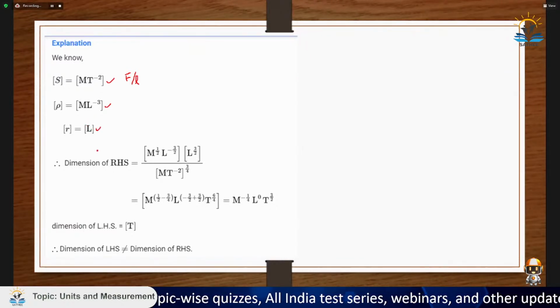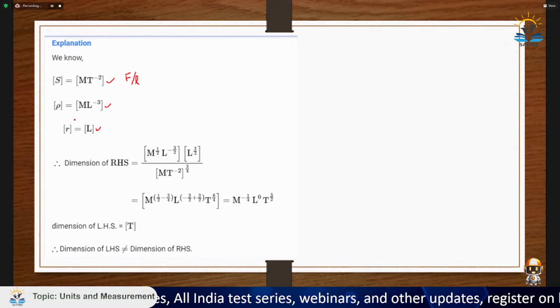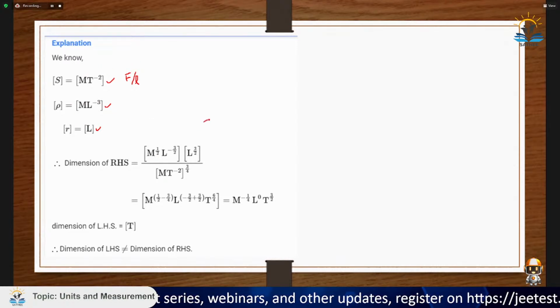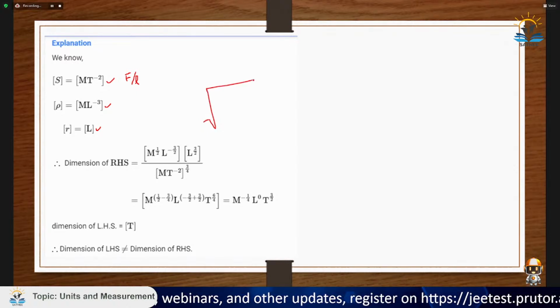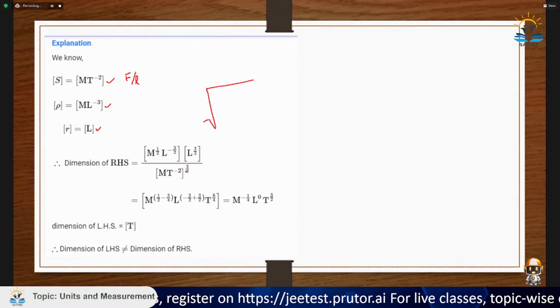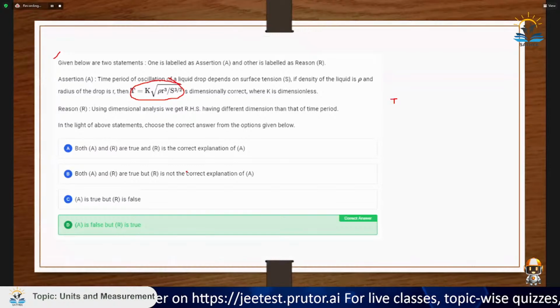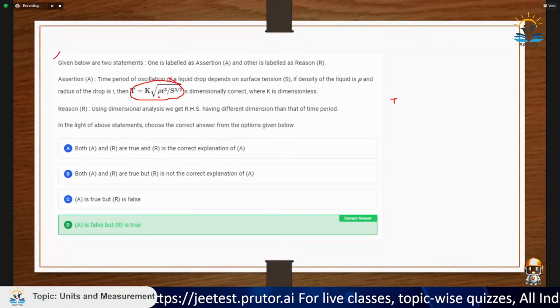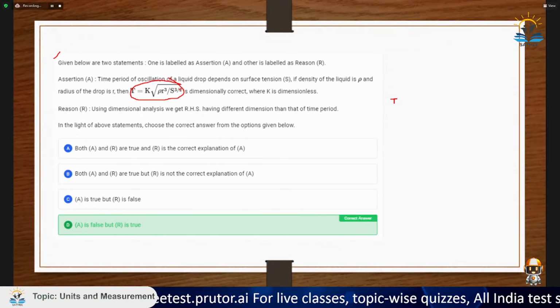So the dimension of RHS would be what you calculate. You will do it for all the quantities. You will raise it to the power of half because all the quantities were given inside the under root. So M half L minus 3 by 2. Then L 3 by 2 upon MT minus 2 power 3 by 4, because it was given inside the under root and it was raised to the power 3 by 2.